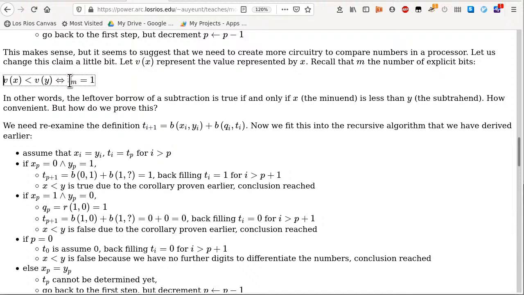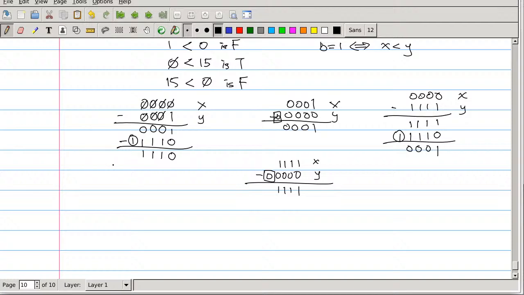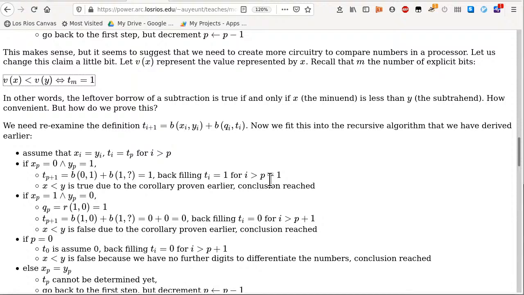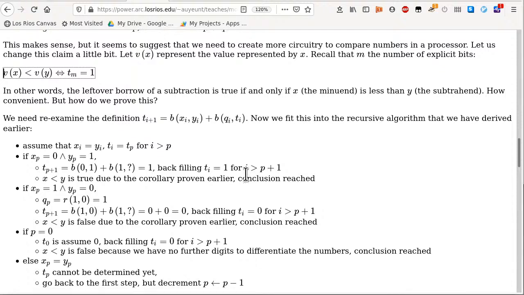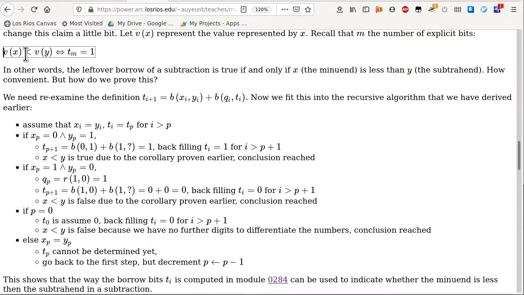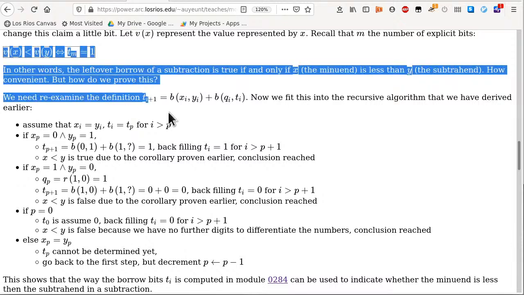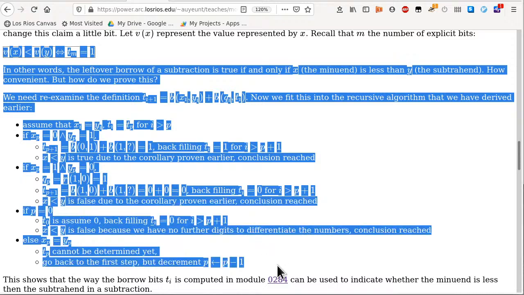So this is the overall borrow, which is represented by this circled 1 over here, this circled 0, this circled 1, and also this circled 0 over here. All right, so when we look at everything from here, which is the conclusion, it is a statement, it is a theorem, and all the way down here is a very informal proof that this mechanism works.